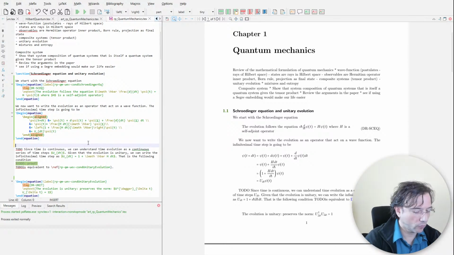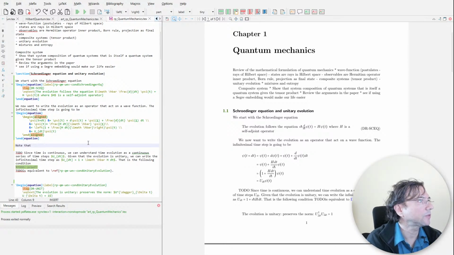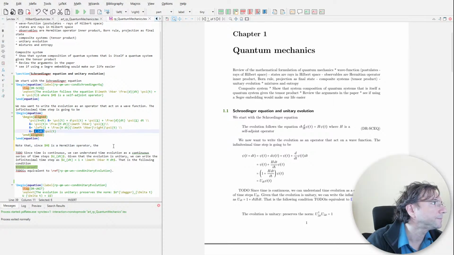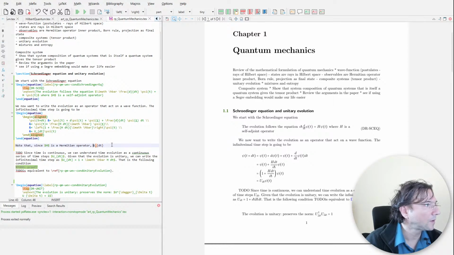And now note that since H is a Hermitian operator, the U dt is a unitary operator.